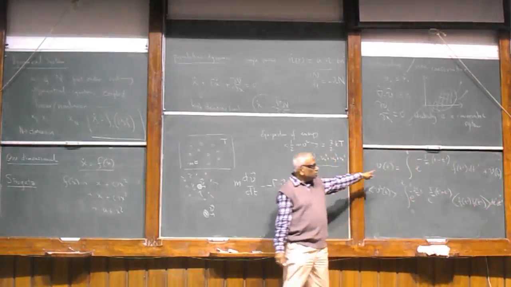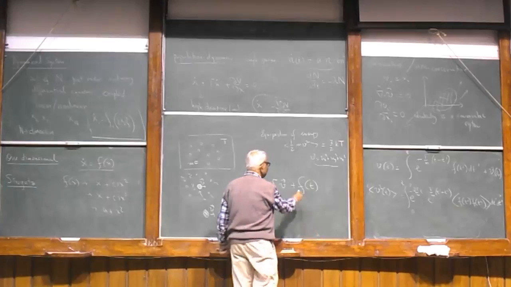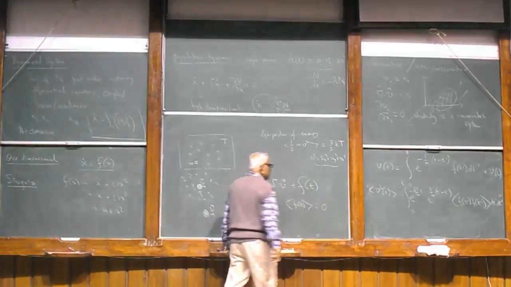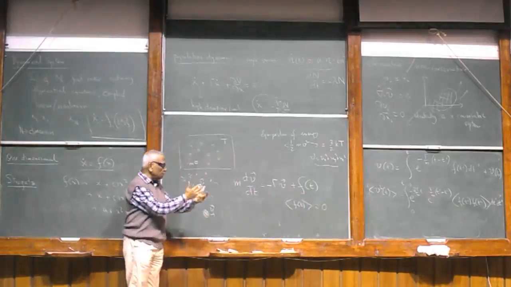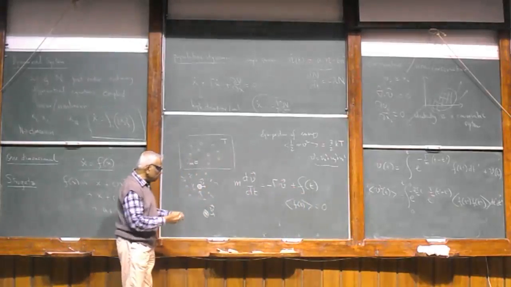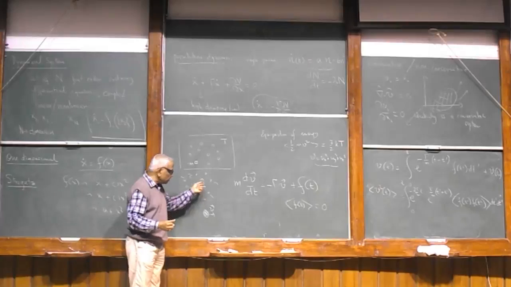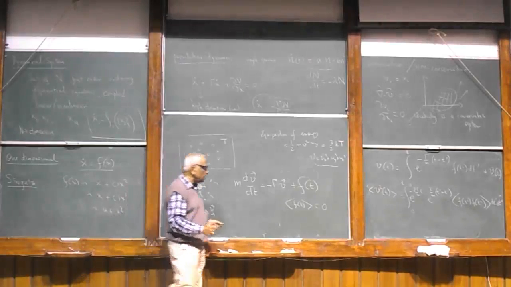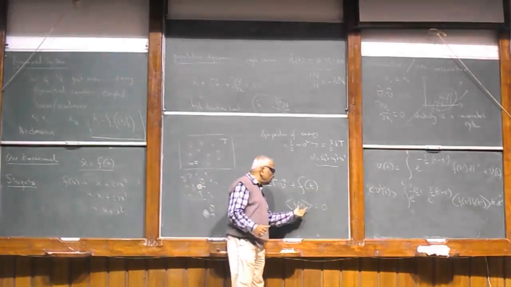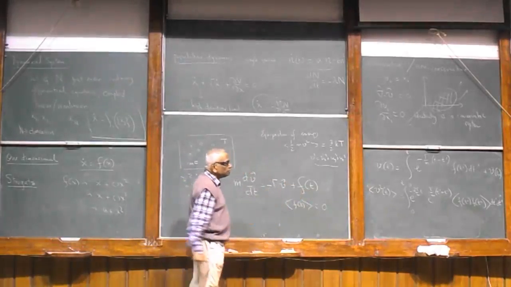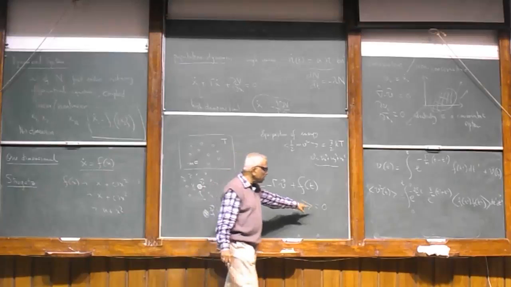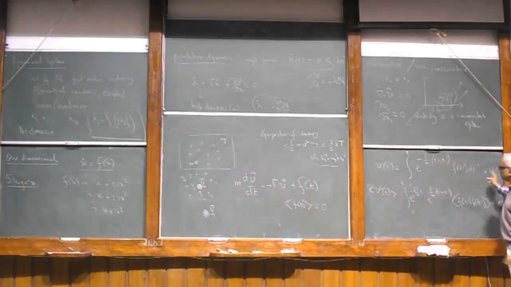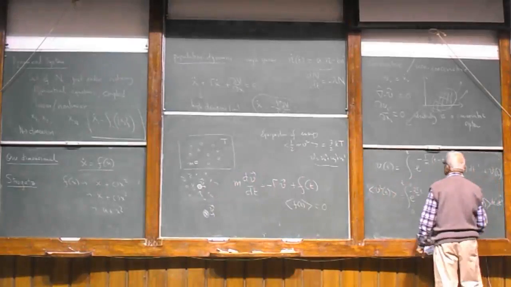There would be cross terms, but this f of t on average is 0. The only non-zero part of the force, which is this resistive thing, has been taken out. So f of t, the other are pure random hits, and that average is going to be 0. So cross terms are going to be 0.